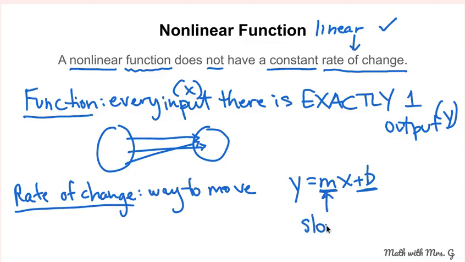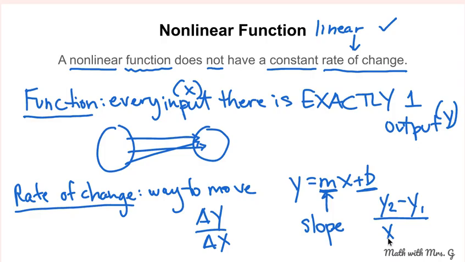So when we think of rate of change, I need us to start thinking about that variable m, about slope, about change in y over change in x. Or maybe you're thinking slope formula, (y2 - y1) over (x2 - x1). Maybe you're thinking of rise over run.